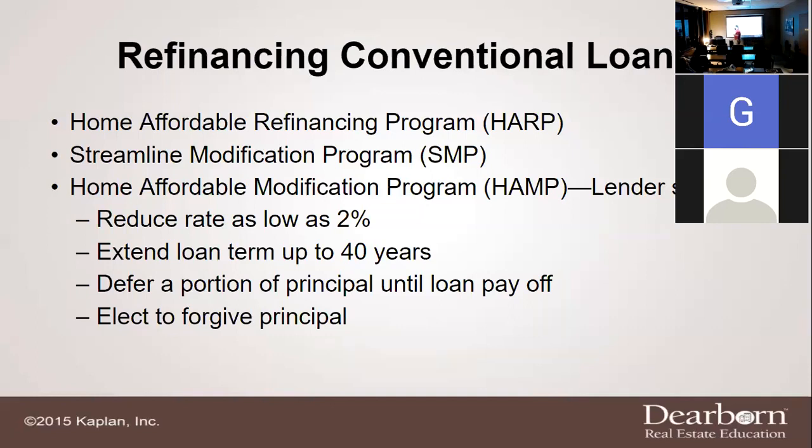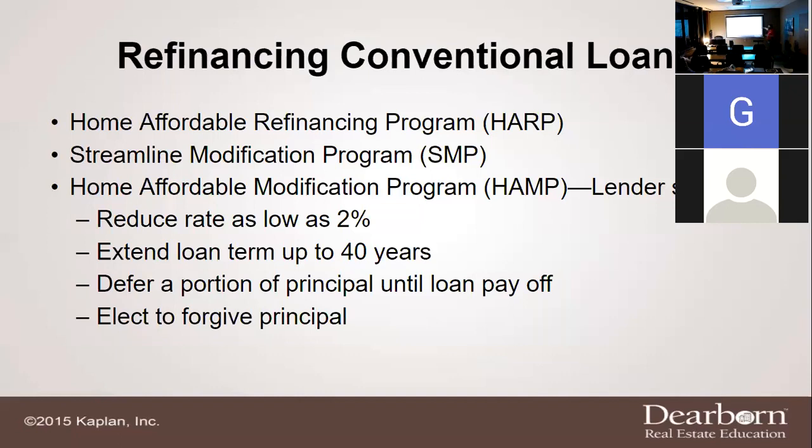Sometimes a person may not be able to get refinanced. Sometimes that person just has terrible credit, but they need to modify their loan. Yes, real estate agents, we can help people get their loans modified. Okay? So there is the streamlined modification program. There's the Home Affordable Modification Program. It can reduce the rates as low as 2%, and it will extend the loan up to 40 years.